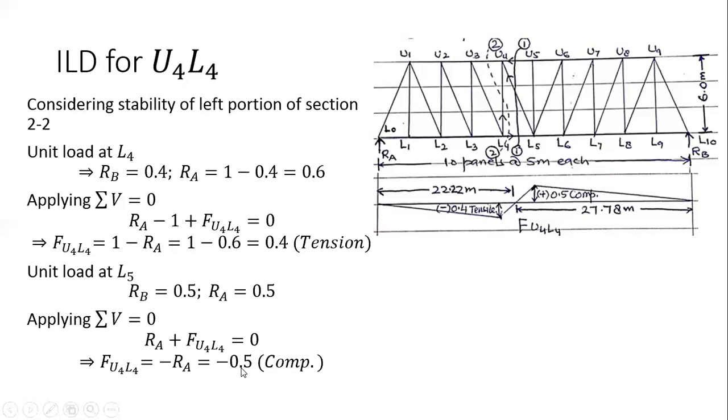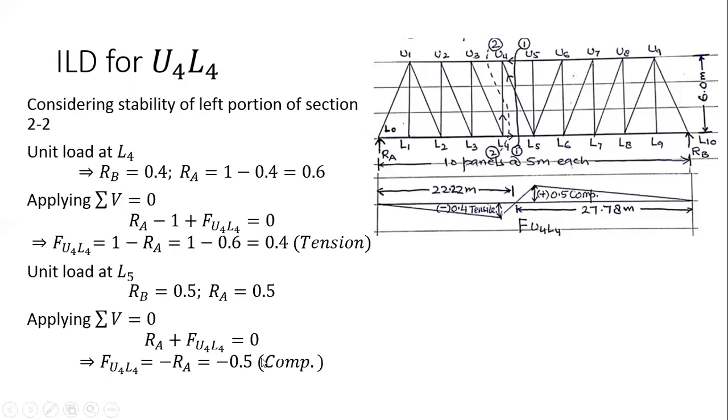That is, minus 0.5. Here I assumed this as away from the joint, that is tension force, and the sign comes out negative, opposite to my assumption. So that's why it is a compressive force. In the previous case the sign came out positive, so that was tension. Got the point?